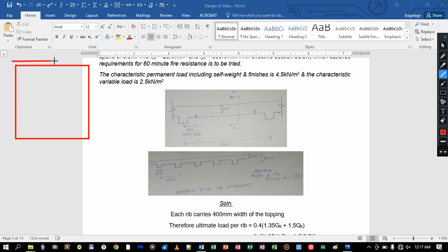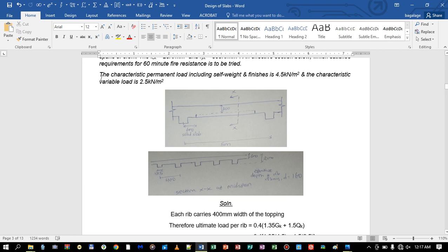Okay, these are our beams. Oh, sorry, I wanted to use a different color. Sorry about that.